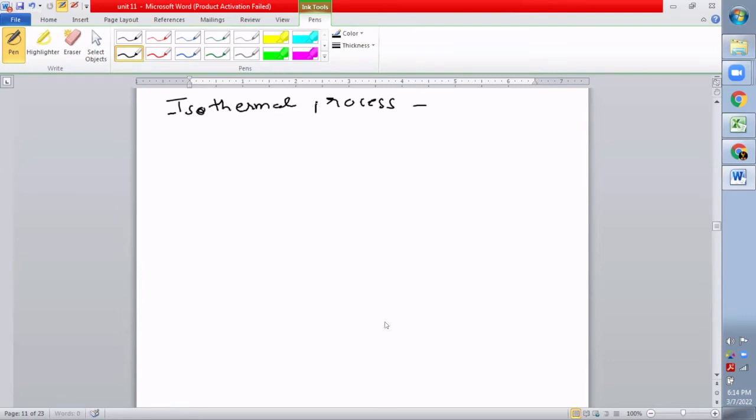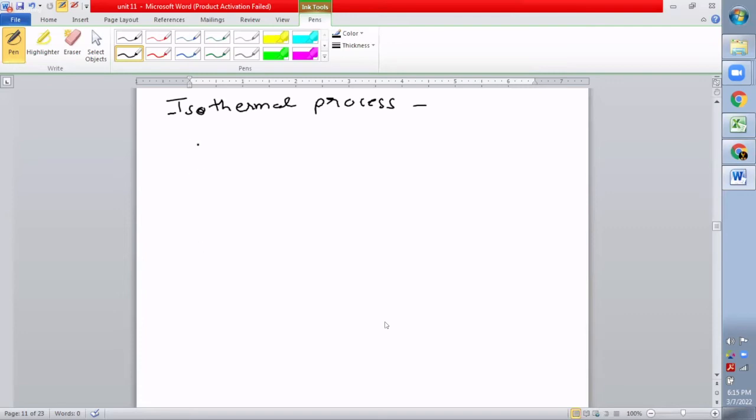Isothermal process means we are maintaining the temperature constant, and we are trying to see the variation in pressure and volume on the thermodynamic plane, the PV plane.